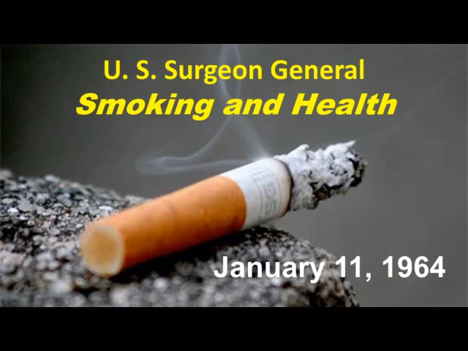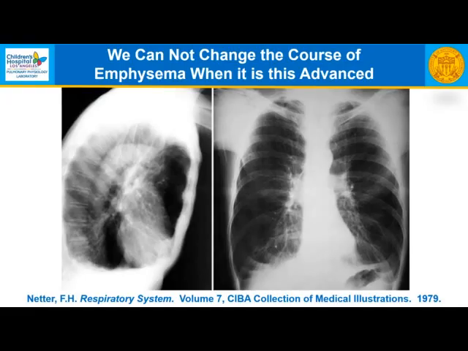So here was the dilemma. The U.S. Surgeon General released Smoking and Health, a massive study of the adverse effects of smoking on lung disease, cancer, cardiovascular disease, etc., on July 11th of 1964. The problem was that there were a number of patients that had chronic obstructive pulmonary disease, primarily emphysema, as shown here.